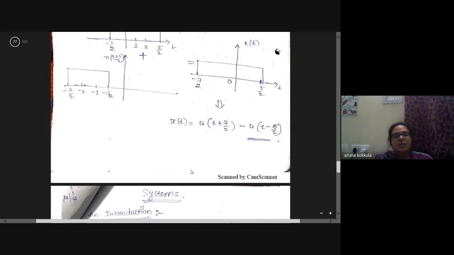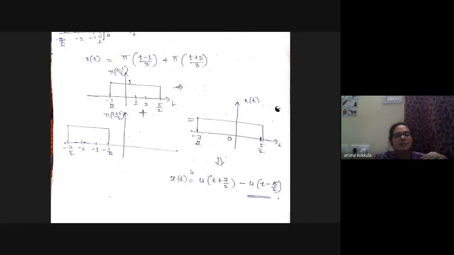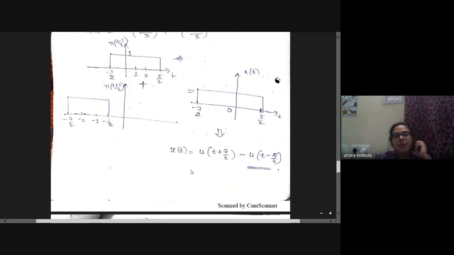Signal multiplication, no example is given with the discrete time signals, but for signal multiplication, at the corresponding values of n, the magnitude values will be multiplied.